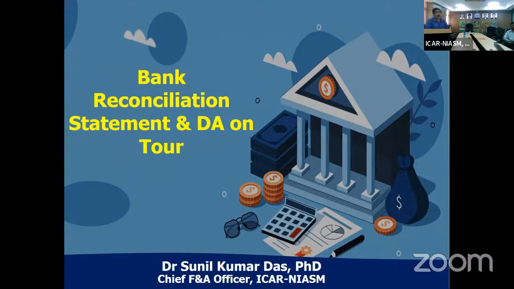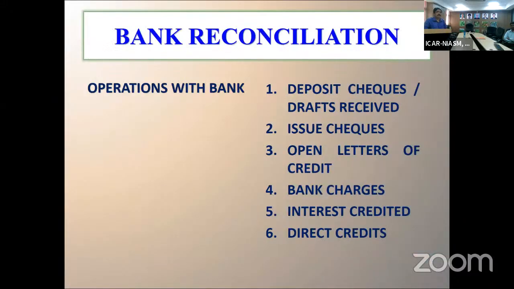But there are some situations, certain conditions, where there will be a difference between the cash book balance and the bank statement. Okay, so what are the different conditions? You see, generally, what are our activities with the bank?